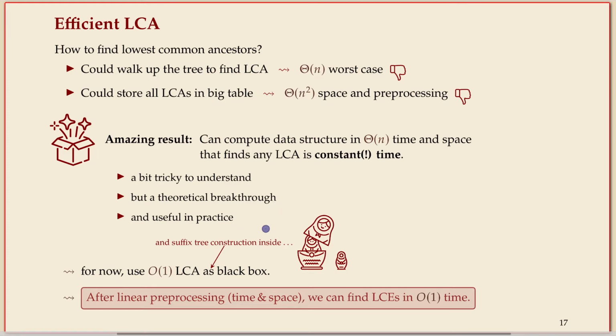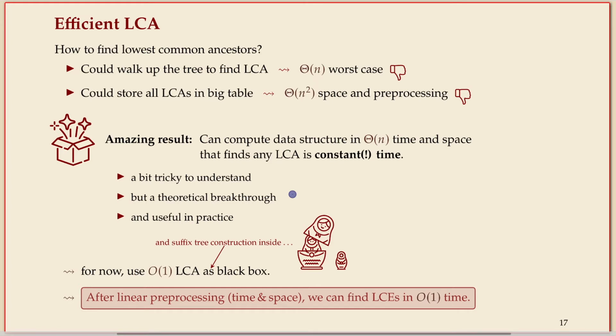I just copied these bullet points from the suffix tree. It's the same statement. It is a little tricky to understand how this works, but we'll completely unwrap this towards the end. And it was a breakthrough when this first was observed, but if you follow the steps in the right way, each little step is quite elementary and easy to follow.